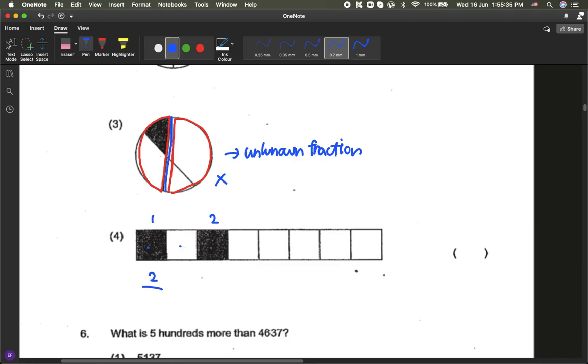So that's 1, 2, 3, 4, 5, 6, 7, 8. 8 squares. Now this also isn't the simplest form. And to find the simplest form, you just need to divide this by 2 and the denominator by 2 as well. So we get 1 over 4. And this is our answer. So the answer to this question is option number 4.